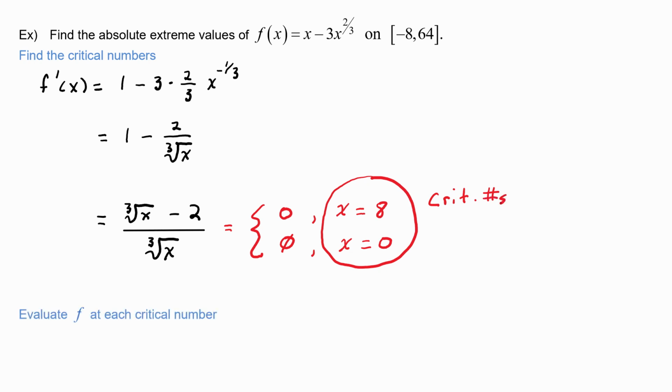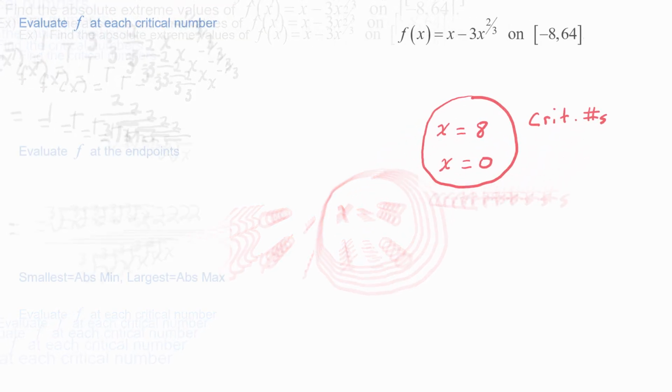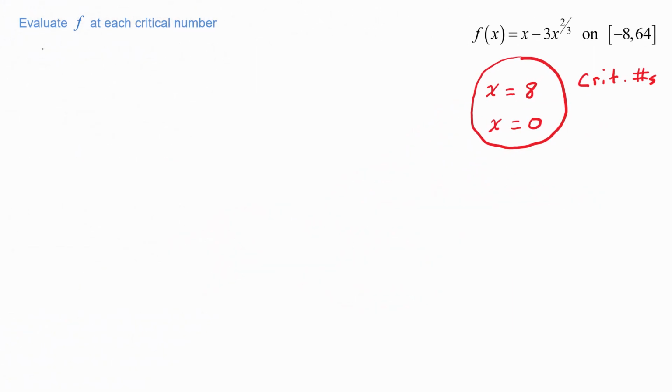And next up, we need to evaluate f at those critical numbers. So evaluating f at 8, which was one of our critical numbers, we know that we have to do 8 minus 3 times 8 to the 2/3 power. So that's going to be 8 minus 3 times.